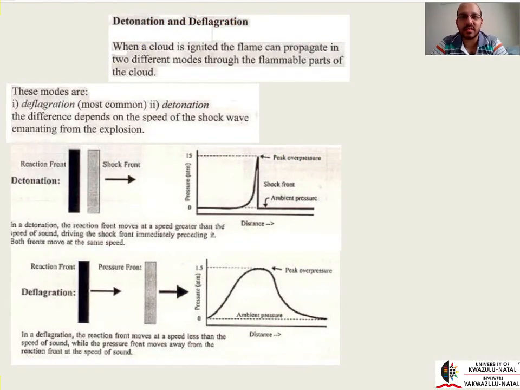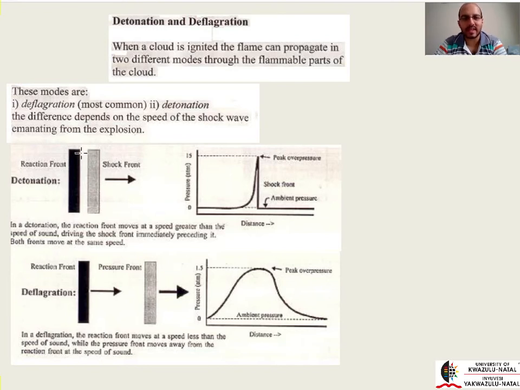Okay, so what's the difference between detonation and deflagration? When a cloud of vapor or a cloud of dust particles is ignited, the flame can propagate in one of two ways. One is detonation and one is deflagration. The difference is, of course, the speed, and I'm not talking about this just in relative terms, but it's also the speed of the reaction relative to the speed of sound.